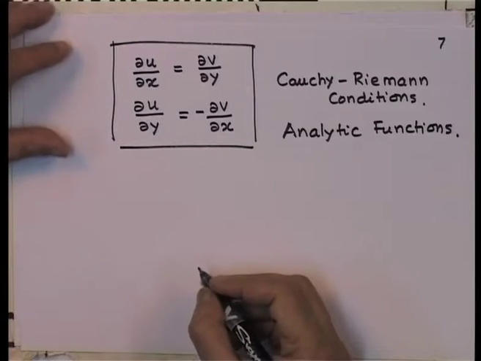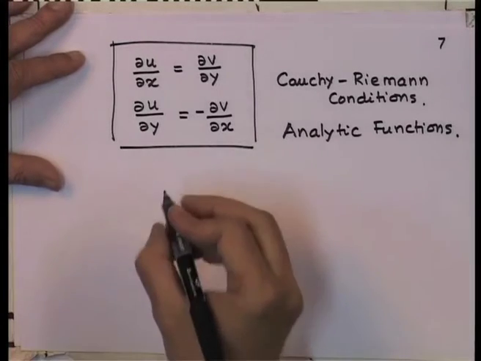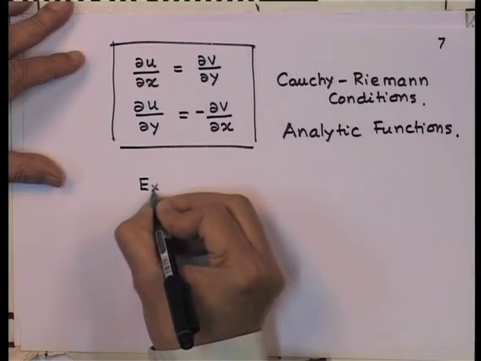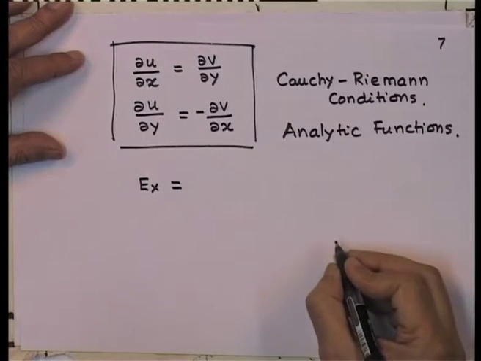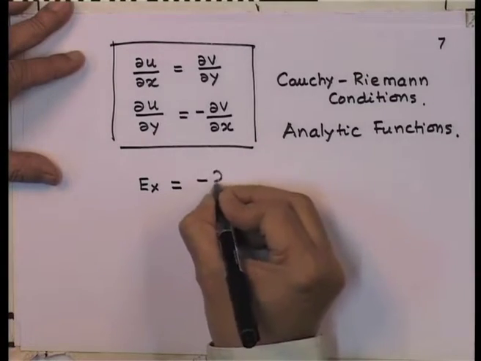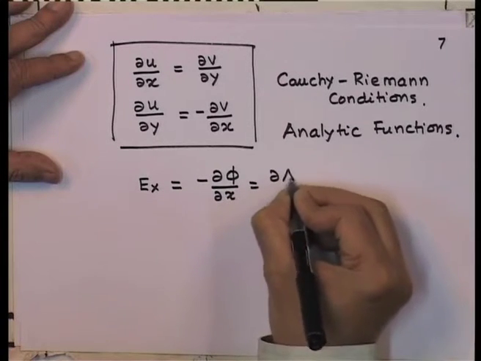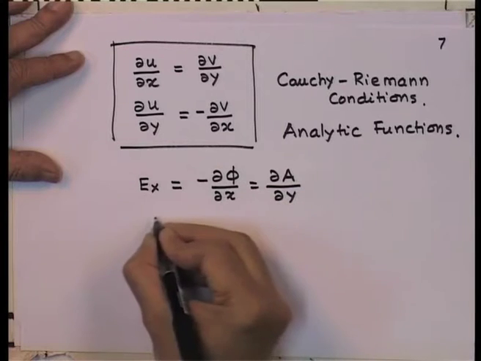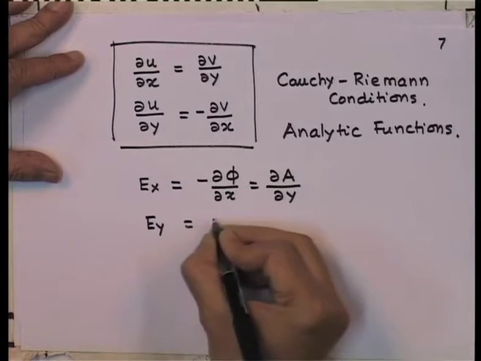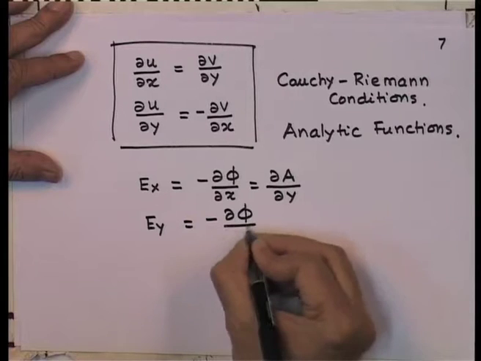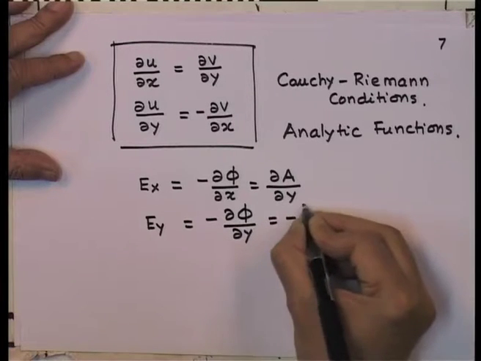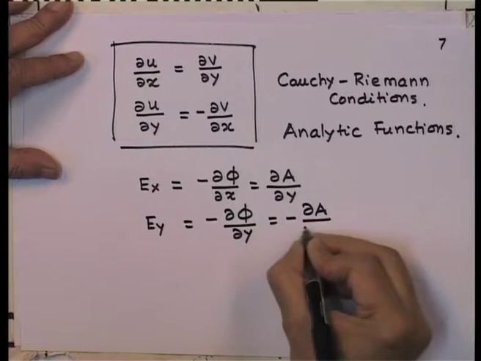Now, I would like you to compare this expression with what we had obtained a little while back. E x is minus d phi by dx, which is equal to dA by dy, and E y was given by minus d phi by dy, which is equal to minus dA by dx.